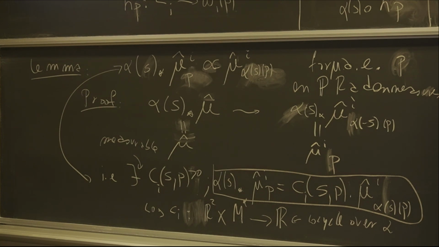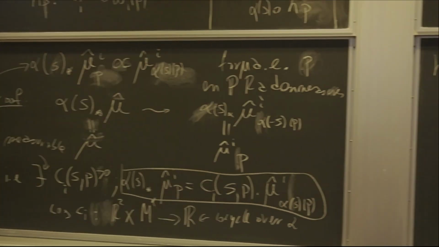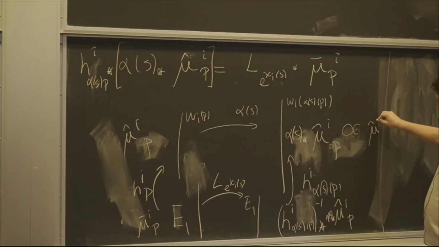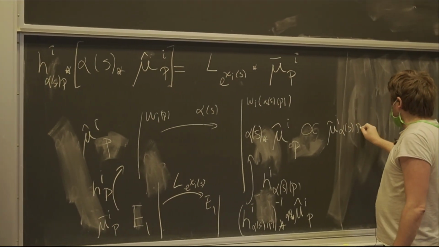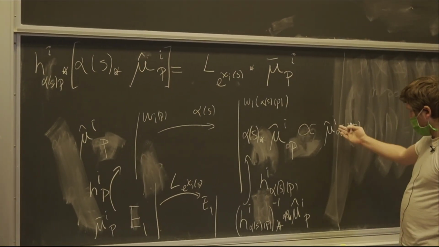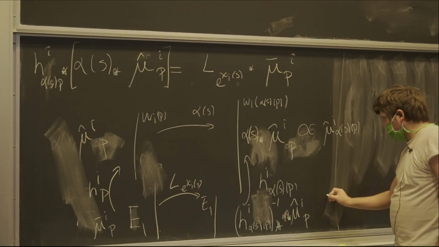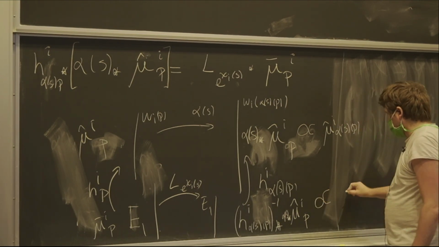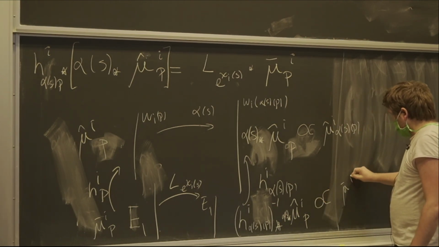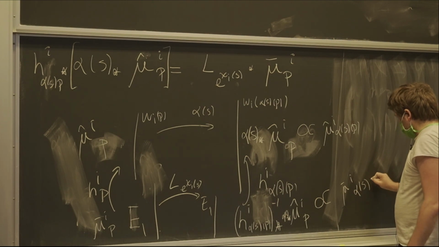So now I can erase our formalization here. Now this happens to be, and I can keep the symbol, mu hat i alpha S of P. And when I pull back this guy here, we know that this goes to mu bar i alpha S of P.